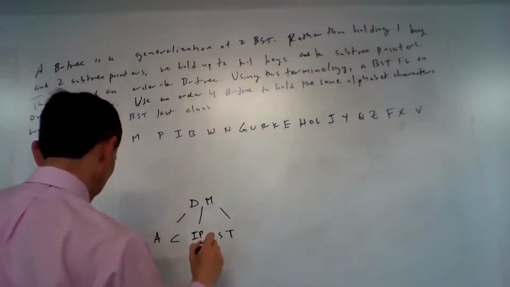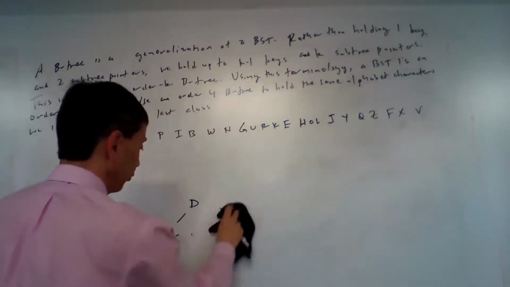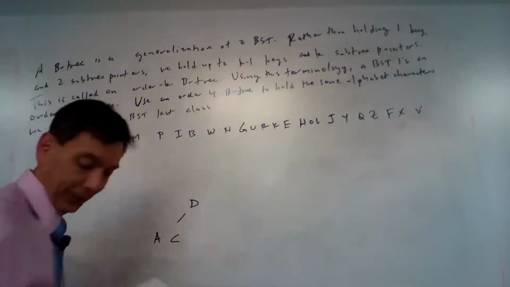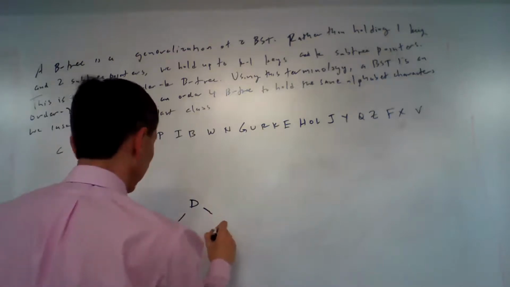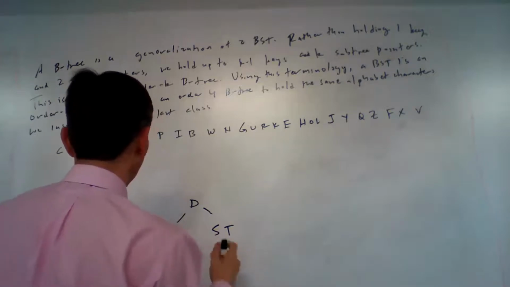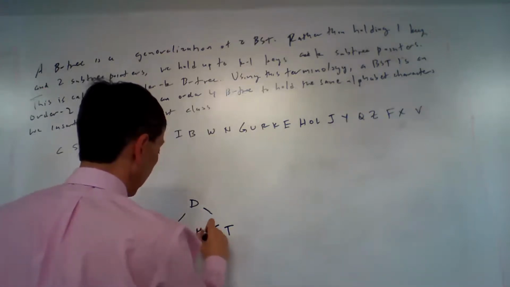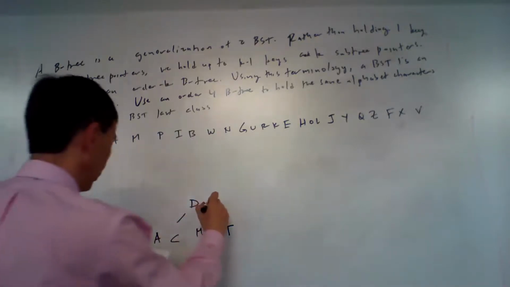What did I do here? Oh, so my bad. Let me go back and show you this. I didn't have my alphabet right. So over here we have S and T. And then we inserted A, M, and P. M, P, S, T. Yeah, so P should promote.